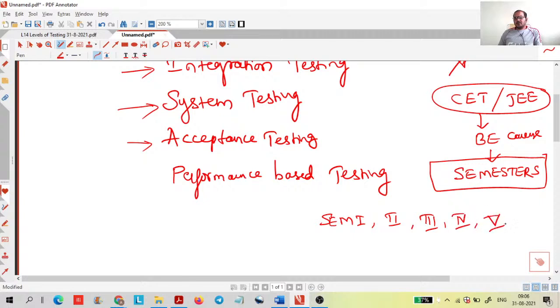Sixth semester, and so on. After the BE, what is there to get a job? All the BE semesters, all 8 semesters, are like a system testing.